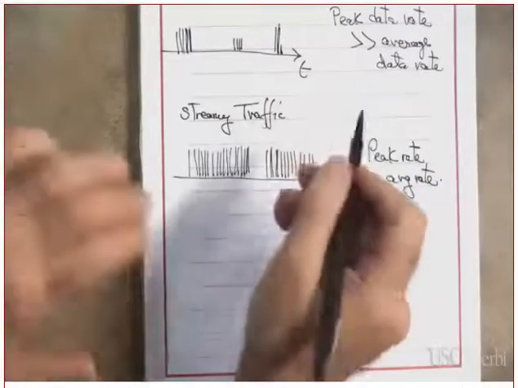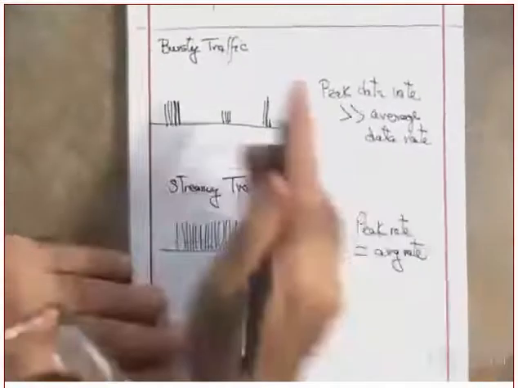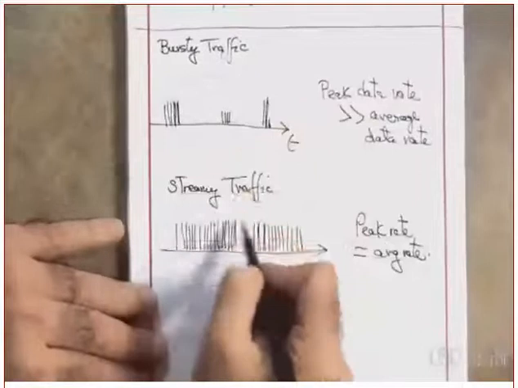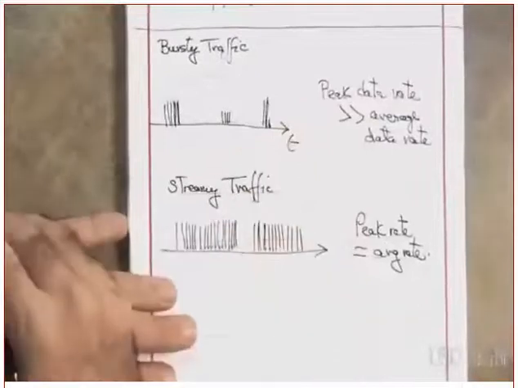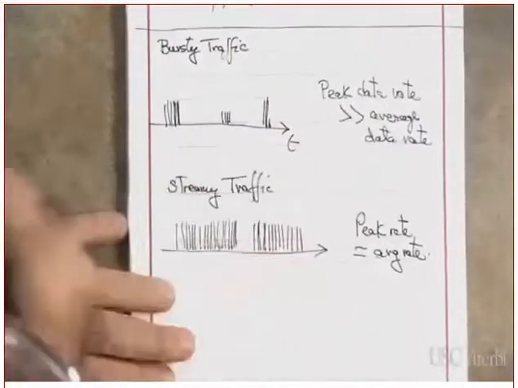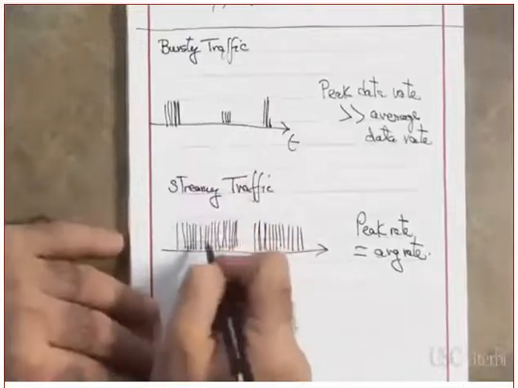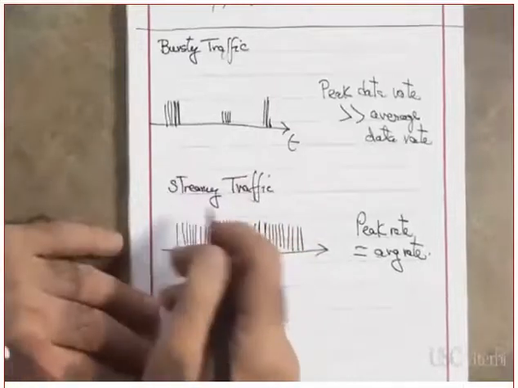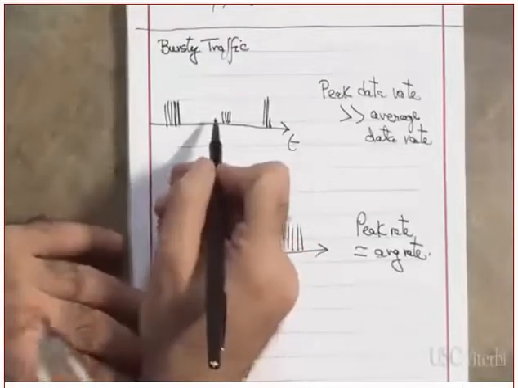The network, by the way, the routers in the network, do they prefer traffic like this or do they prefer traffic like this inside the network? They prefer this type, the streamy type traffic. This one is more predictable rather than this one.